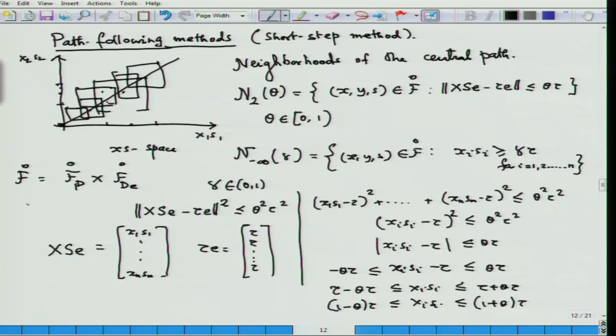So, if you really draw this up a bit, as your theta or tau becomes 0, the size of the squares will keep on decreasing. So, basically if you take the edges of the squares and try to draw some sort of a tube, it will be something like this.